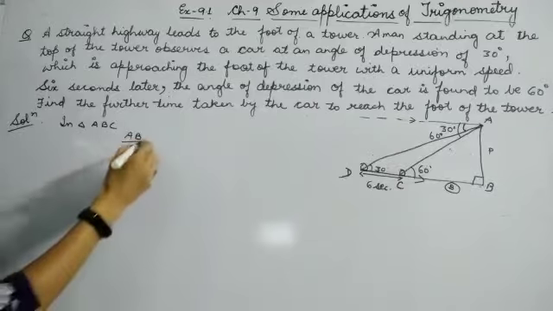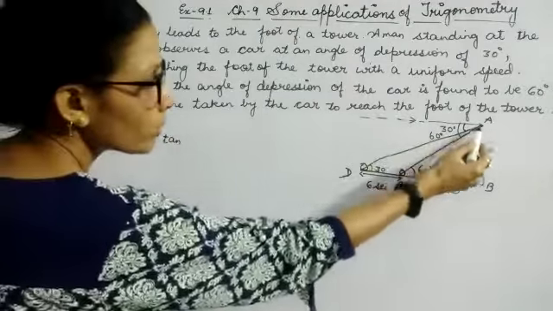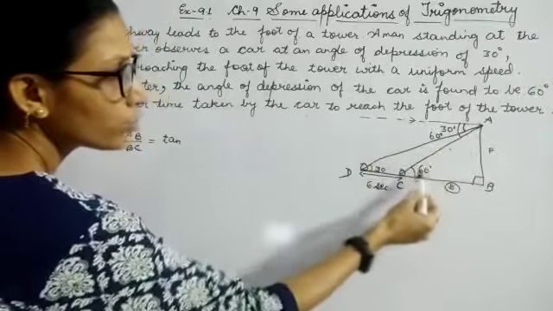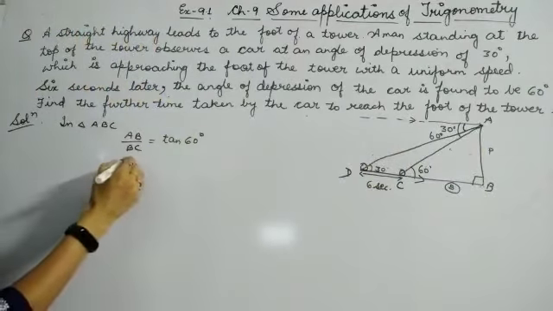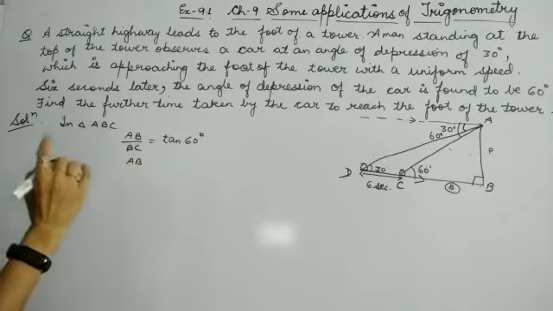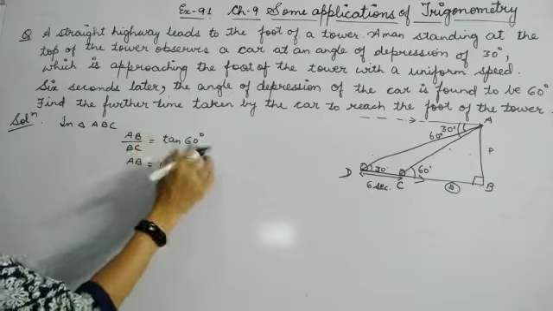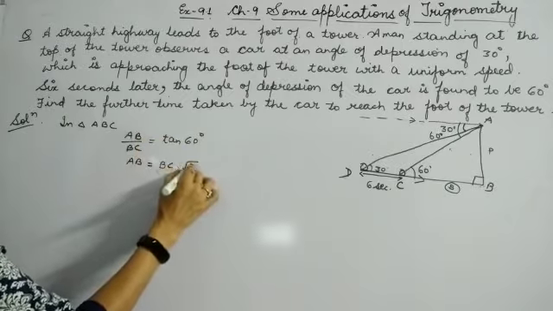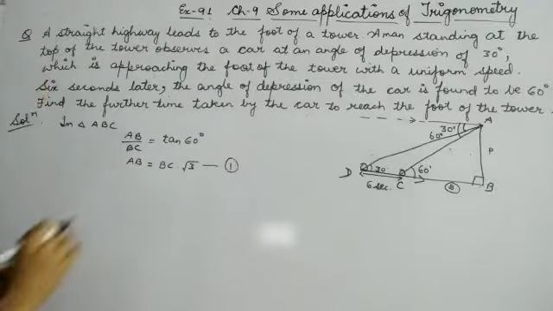So perpendicular upon base is again tan theta, and what is your theta? Since you are considering triangle ABC, it contains 60 degrees, so you will be writing it as tan 60 degrees. AB you don't know, so write down AB only. BC also you don't know, so I am writing it this side, and tan 60 is root 3. Now I cannot further calculate it, so let this be like this only.